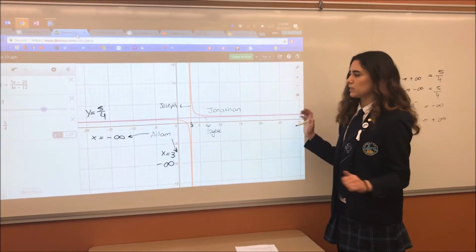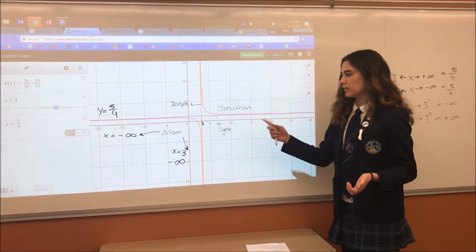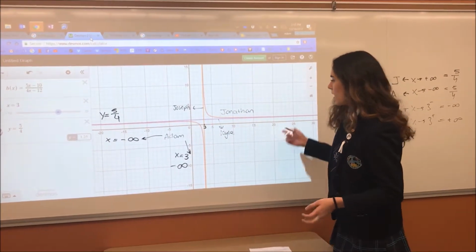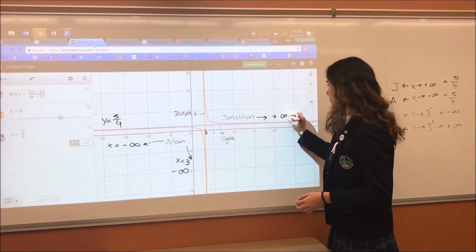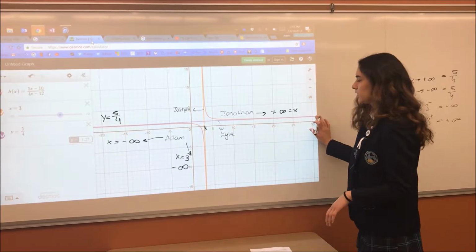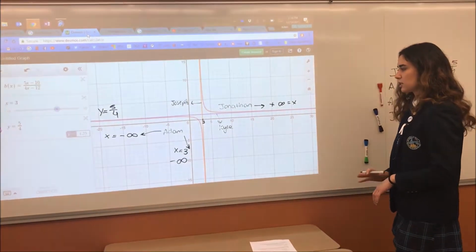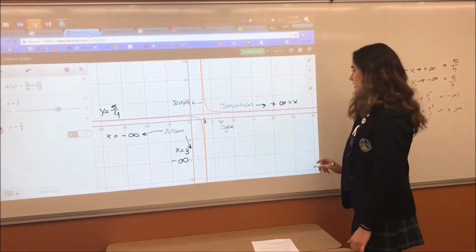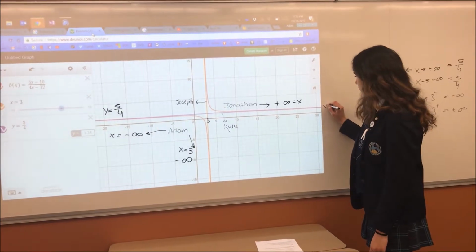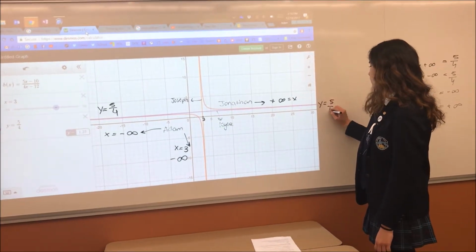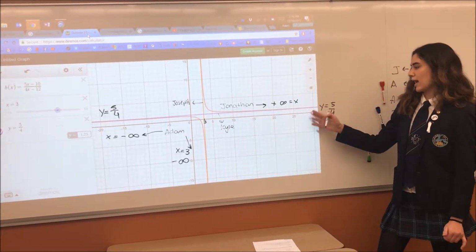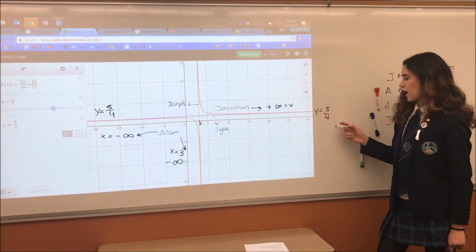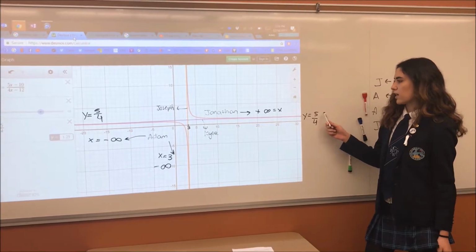For Jonathan's case, he doesn't want to crash with Kyle, Adam, or Joseph too. So as Jonathan is going towards positive infinity for x, he will again try not to crash with Kyle, and that's going to be y equals 5/4 too. So as Jonathan reaches positive infinity on x, he's going to try not to crash at y equals 5/4.